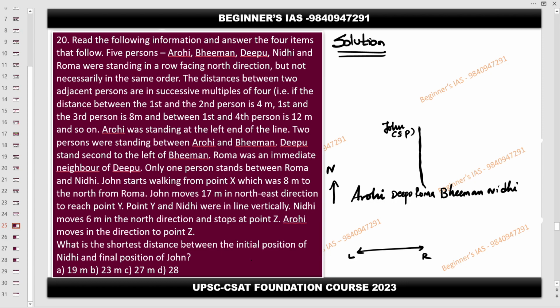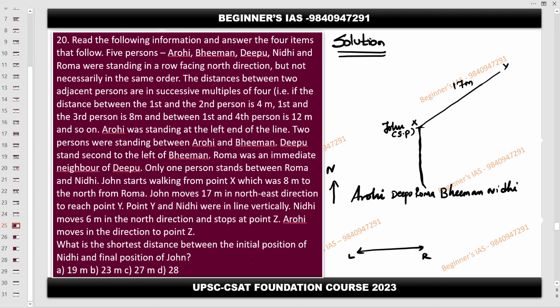SP means starting point. I am just taking this as X here. Now John moves 17 meters in the northeast direction. If the person is standing here, this is north, this is northeast. So 17 meters to the northeast he reaches the point Y.